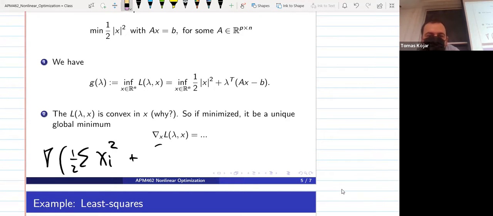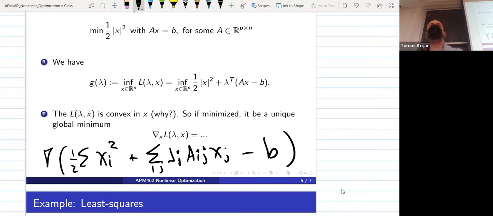What's a nicer way to write it? I can write it as the sum over i, j of lambda_j a_ij x_j, minus b. How about that?